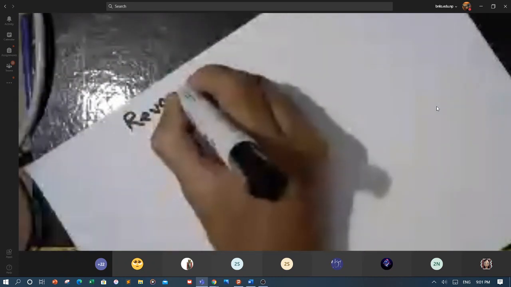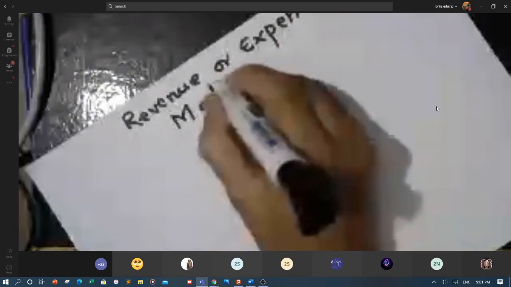And another, in this case, what will happen to your revenue or the income when the price of the good decreases? We can check elasticity in terms of the price or revenue or expenditure method of calculating price elasticity of demand.